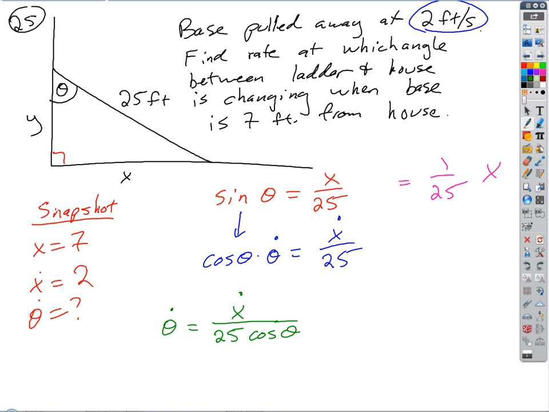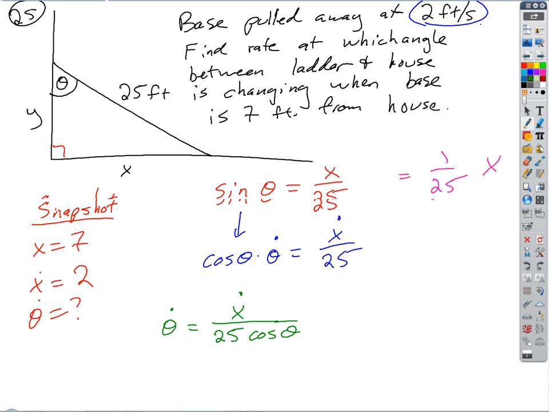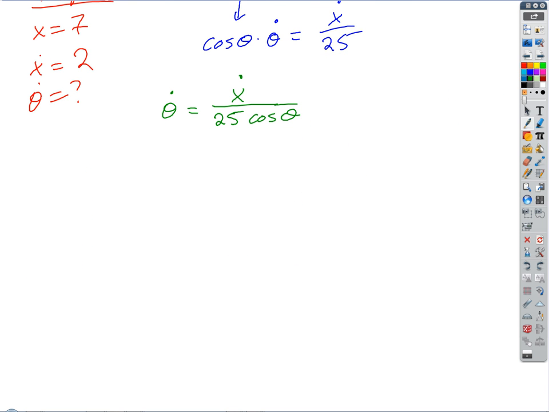If I want to look at this particular frame, could I add a value of theta? I could, I could solve for theta. So if x equals 7, let's just draw this snapshot. My triangle looks like this: at my snapshot, this is 25, this is 7, and that's theta.